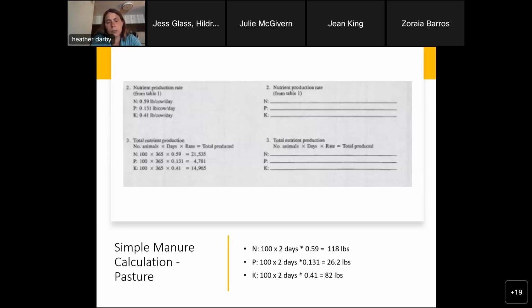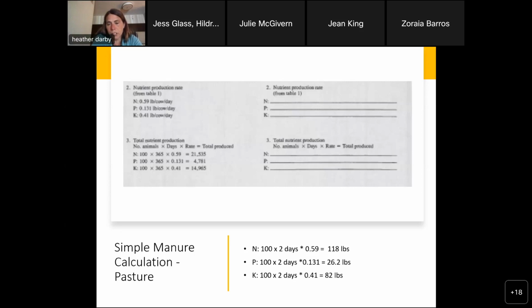Okay, so there's just a really simple calculation on the bottom for nitrogen. I used the example above, basically 100 cattle for 2 days, and each cow is excreting 0.59 pounds of nitrogen per day. And that's going to give me 118 pounds total.